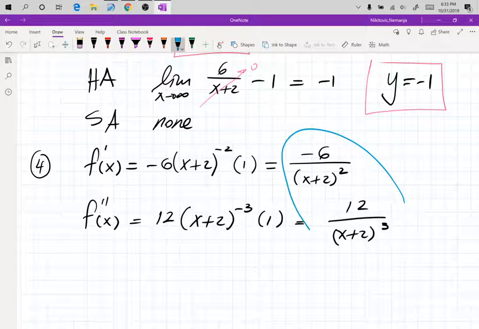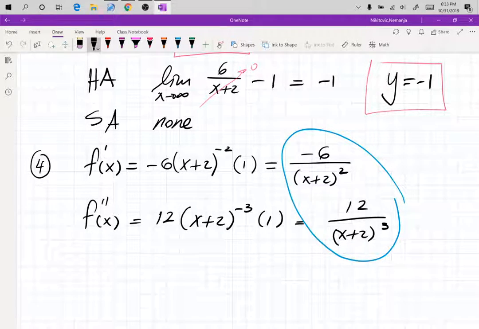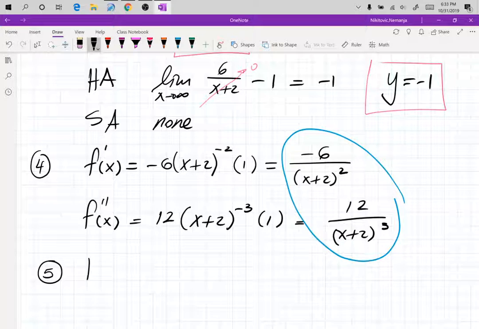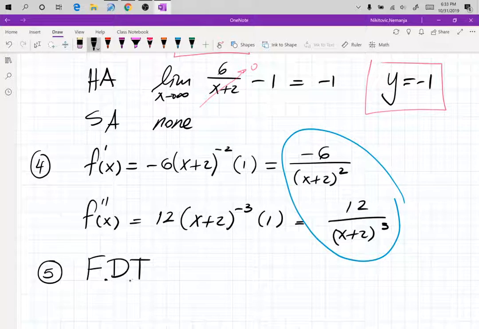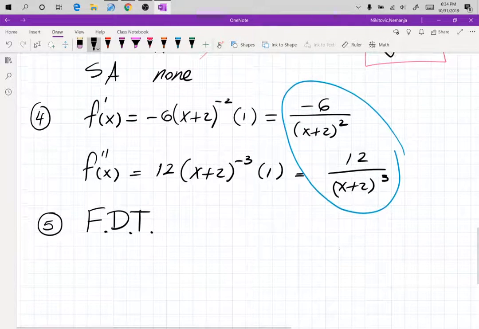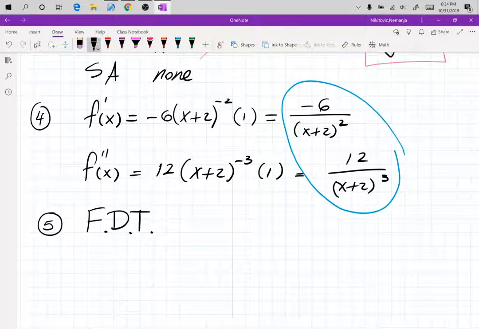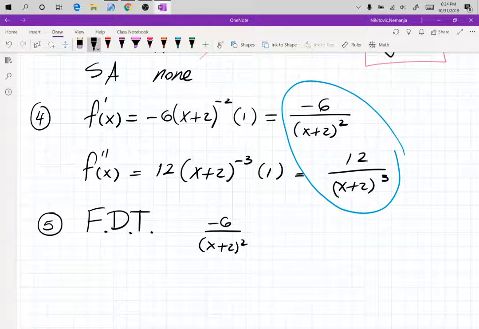These derivatives, I'm not going to circle them red because I don't get to graph those. I get to use them now for number 5, the first derivative test, which will give us increase, decrease, and min and max. So for the first derivative test, we know we need critical points. So we set the derivative equal to 0.